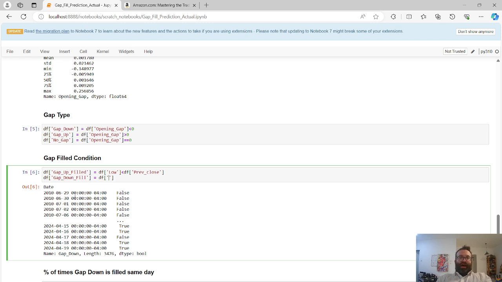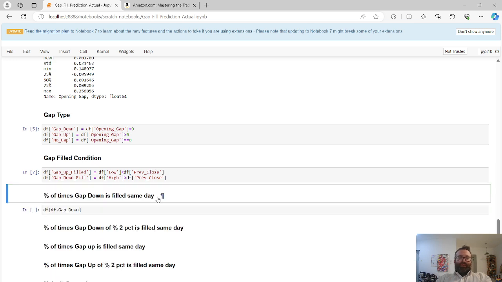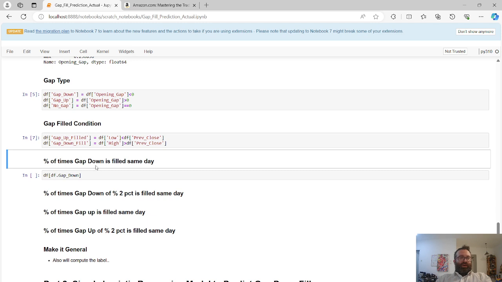So you need the high to be above the previous close. No, technically it would be greater than or equal to, but I like this stricter thing because it's a little safer. But you should do greater than or equal to.